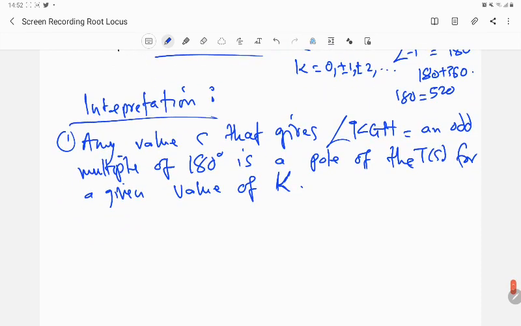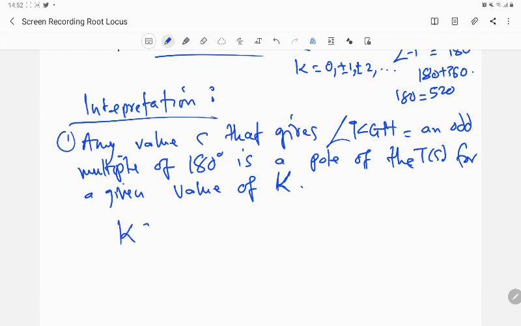So if you plug in any value and you get the angle to be an odd multiple of 180, then it means that that value of S is a pole at that value of K.